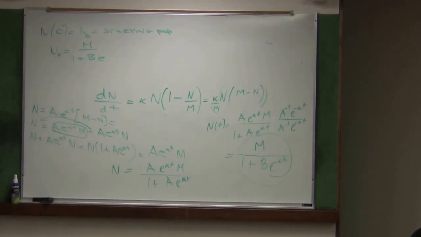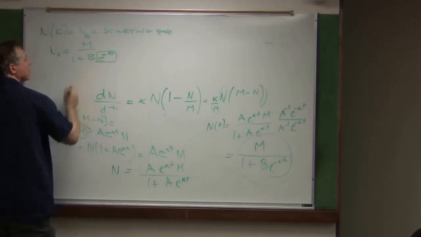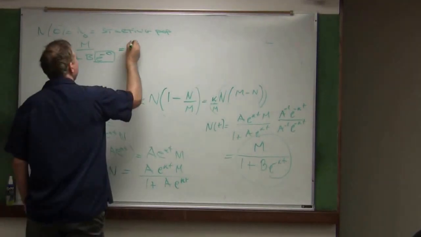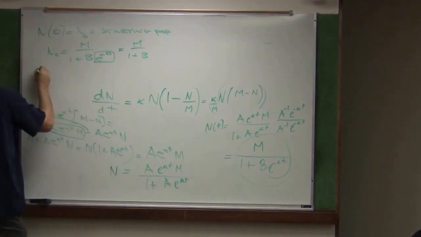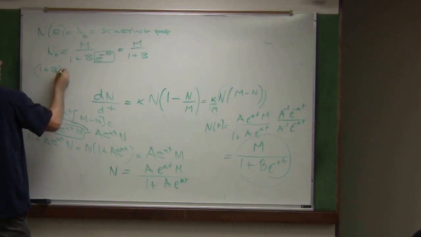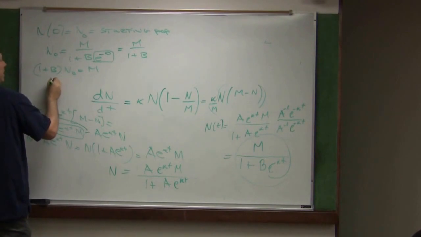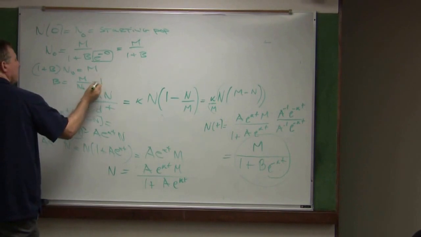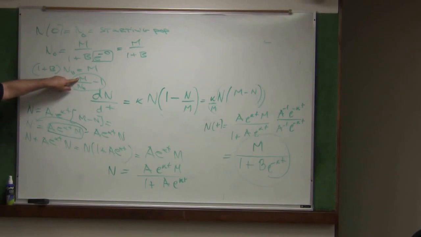But what's e to the minus 0? It's just 1. So this is m over 1 plus b, so solve for b. In other words, 1 plus b times n naught is equal to m, so b is equal to m over n naught minus 1. In other words, it's your maximal population over your starting population minus 1.